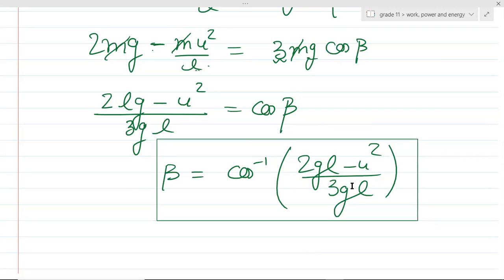Are you getting any idea why we used under root of 2gl as the formulas? A little idea? This 2gl, 3gl. Now we'll see the cases.